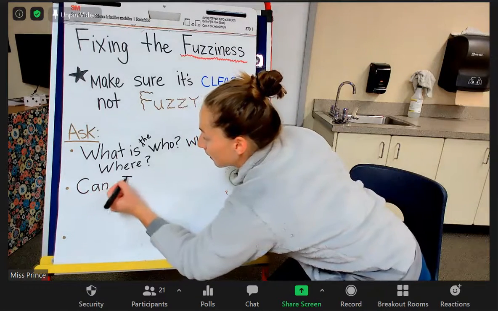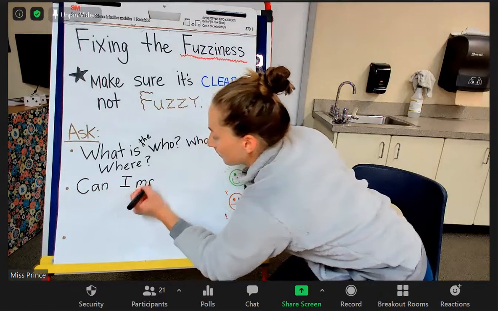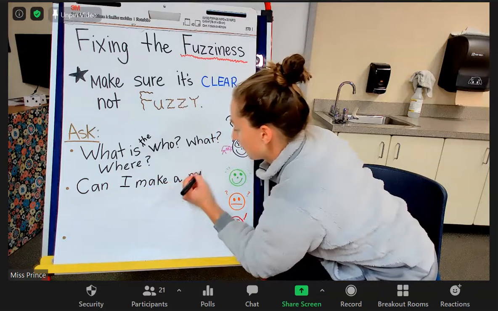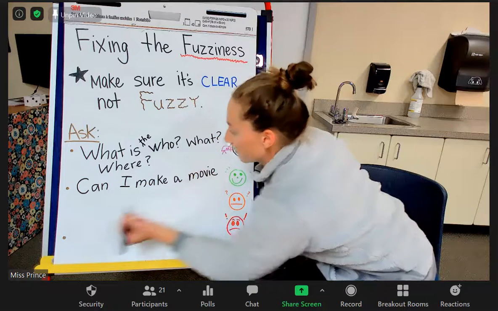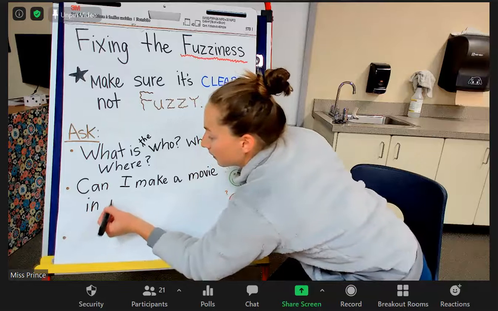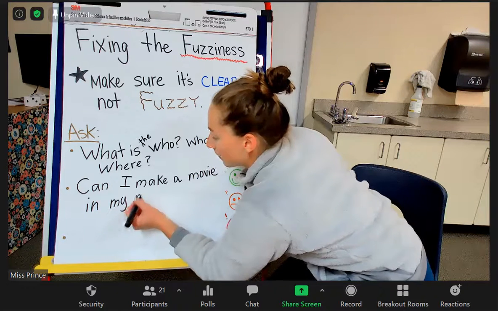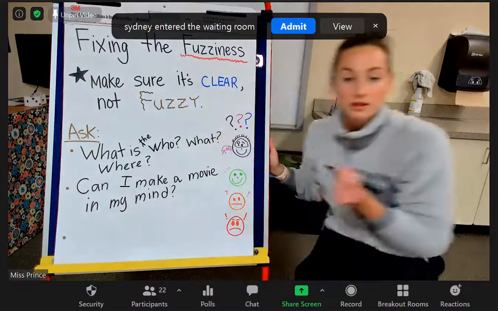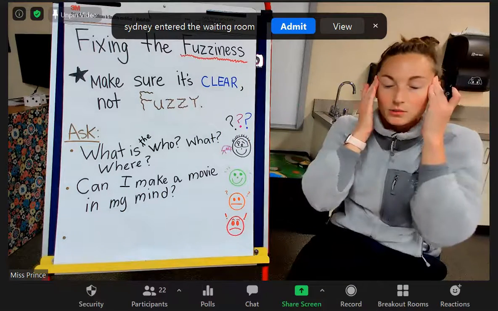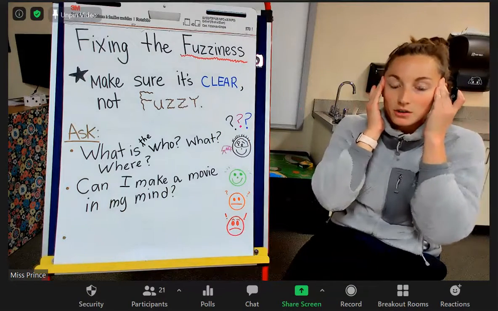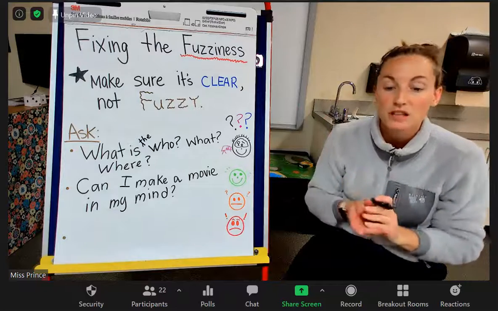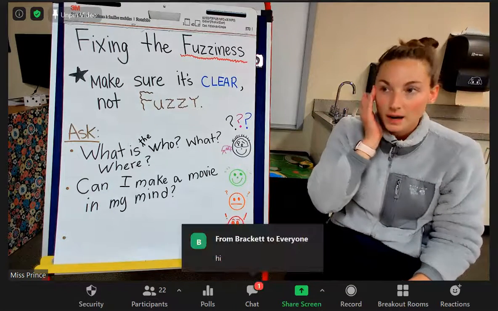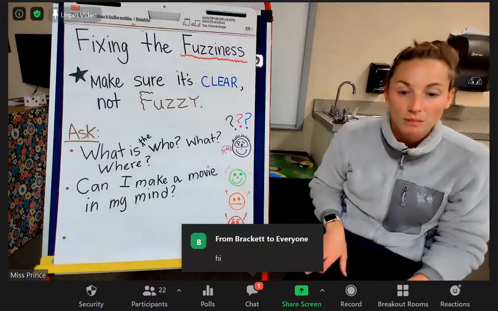Can I make a movie in my mind? So if you're reading a story and you can picture that just perfectly clear in your head and you can tell exactly what's happening, just like Señorita Garcia's read aloud this morning, if you can imagine it in your brain, you can make a movie in your mind.